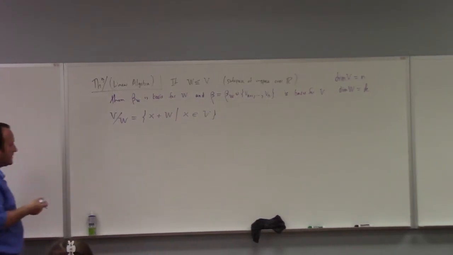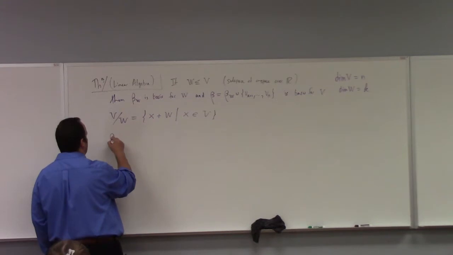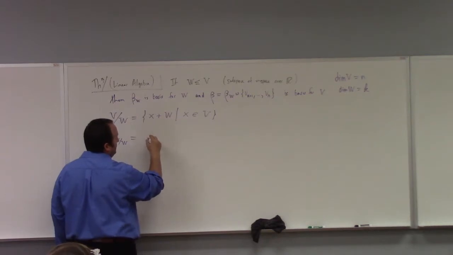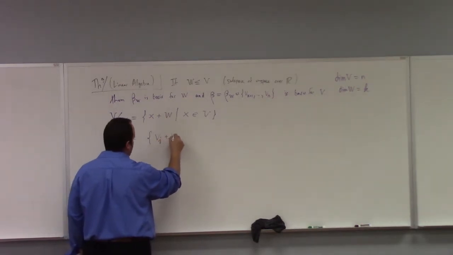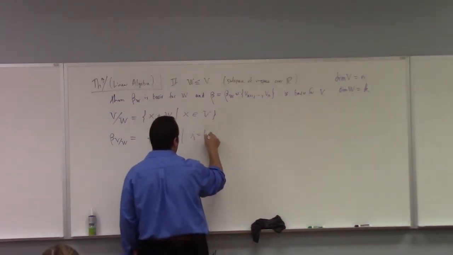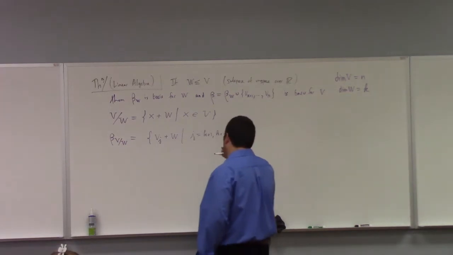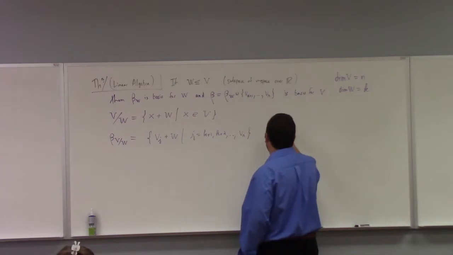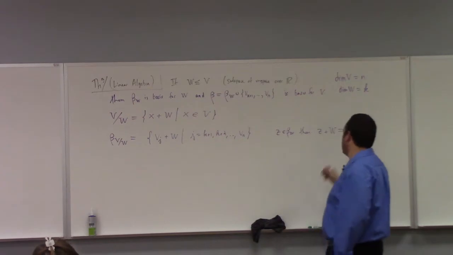Now, the basis for V mod W we learned was given to us by nothing more than v j plus W, such that j equals k plus 1, k plus 2, up to n. Because if z is in beta W, then z plus W is just equal to W again, right?